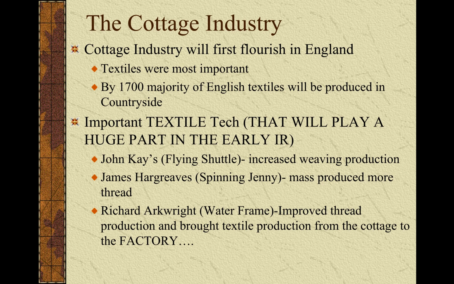So with the water frame, water is going to be the first energy source, because if you have running water, you can put a water wheel in there. It'll spin that water wheel and generate power and energy. And so the first factories are not going to be in cities. They're going to be off the sides of waterways. England is an island, so there's a lot of water, and so we're going to see the first factories be by sources of water.